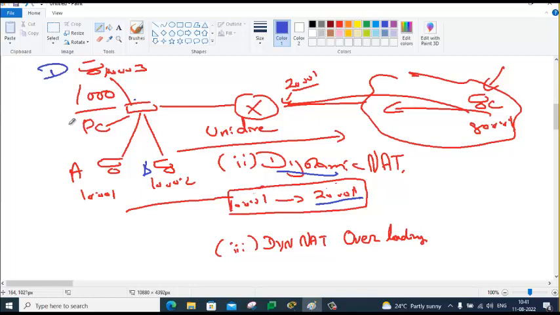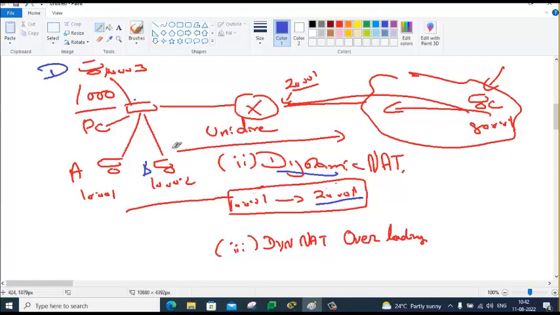Listen, because this address is not given dedicatedly to any of the 10 network, any of the inside local, you cannot use 20.0.0.1 to communicate to the inside. When C wants to talk to someone inside, it won't be possible, because C doesn't know what address to use in order to talk to A or B or D. You understood that point?